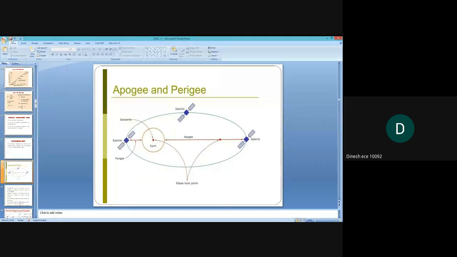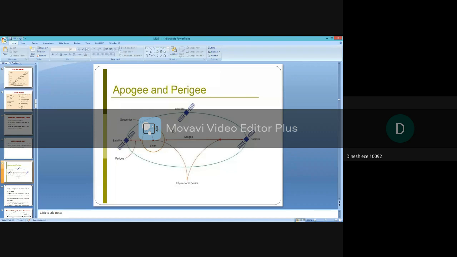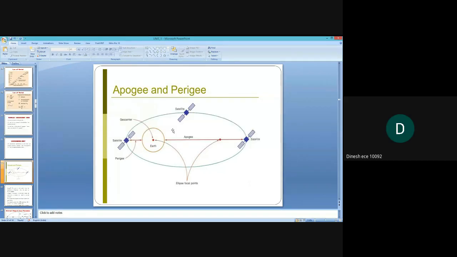So the next terminology is about apogee and perigee. The farthest point from the measurement of the satellite to the Earth, the farthest point you can see. Earth is present here, it is revolving on its own axis, and satellites revolve in an orbit.